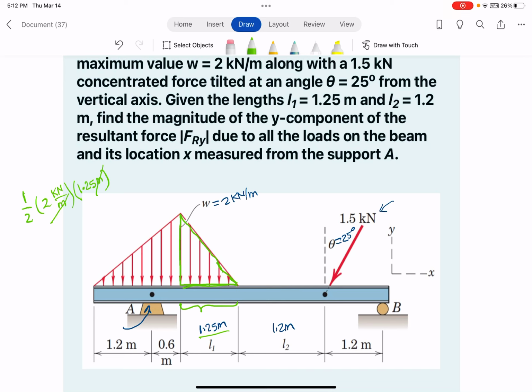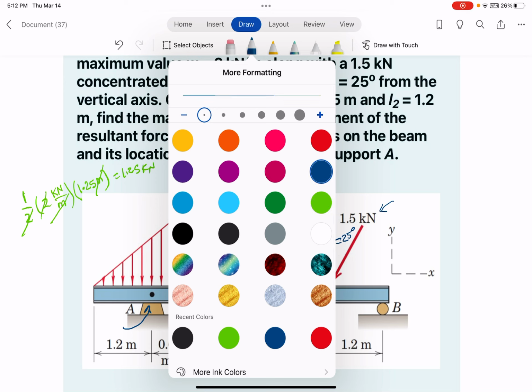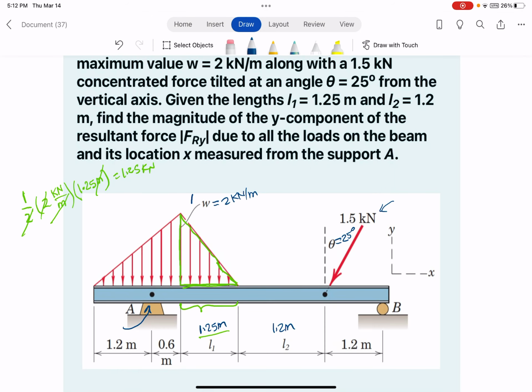So meter with meter cancel, and you'll end up with 1.25 kilonewton. So the first load, let's put that in blue, the first load is 1.25 kilonewton.